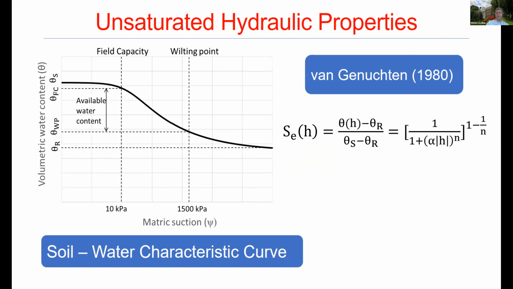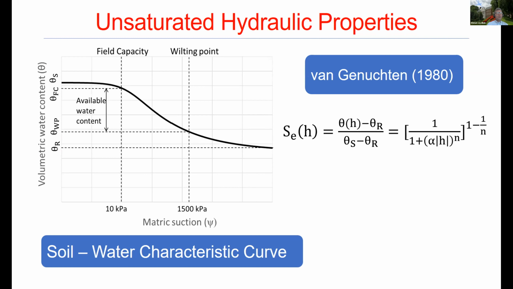What we really get from this is, many of you are aware of the soil water characteristic curves, the relationship between volumetric water content and matric suction. We typically determine what's called the field capacity, and later the wilting point, at the recommended matric suctions of 10 and 1500 kilopascal respectively.